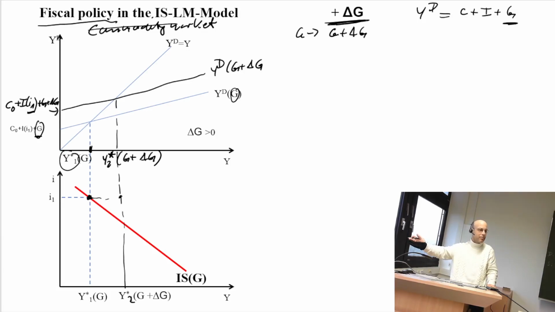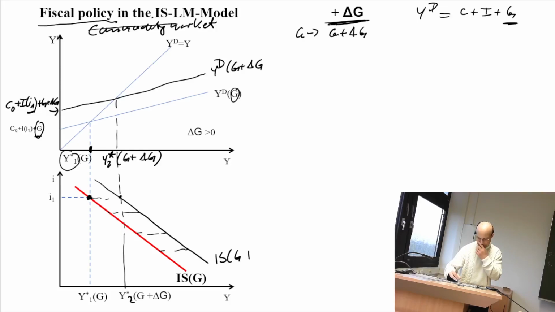Every equilibrium point of the original IS curve has to shift to the right. Okay? So this one to the right, this one to the right, this one to the right. So we just obtain a shift of IS of G plus delta G to the right.